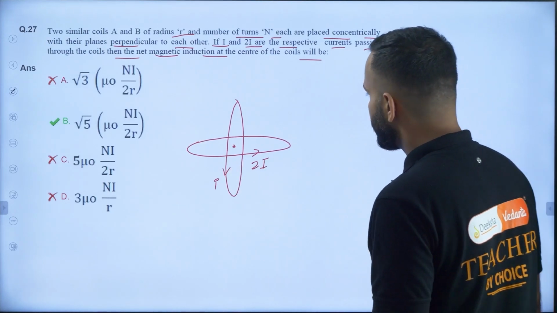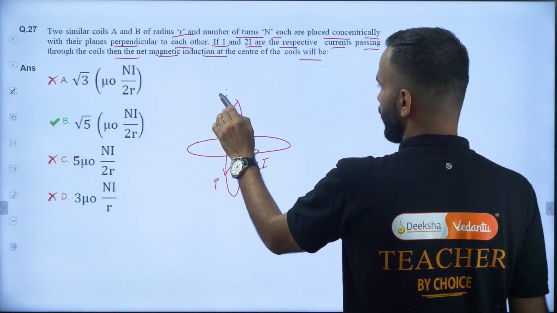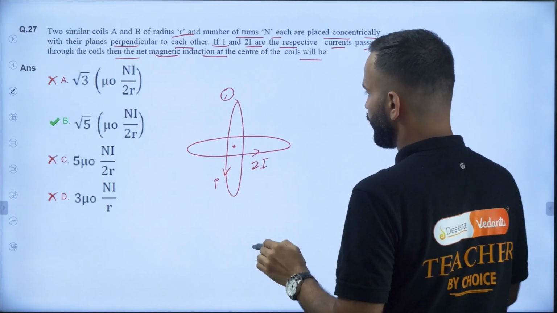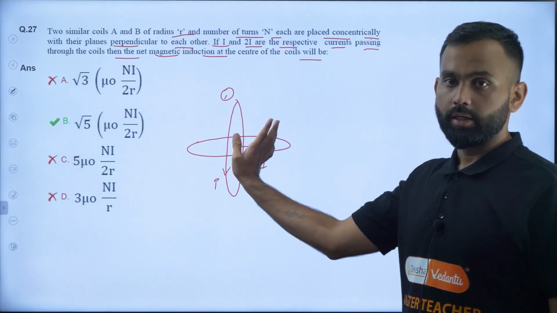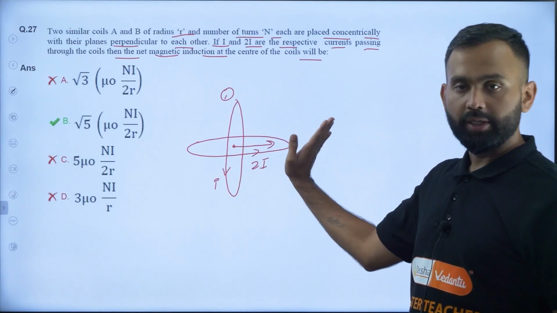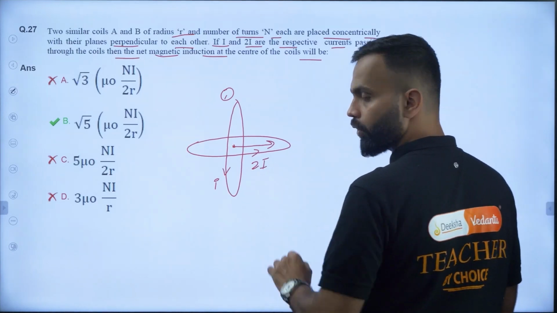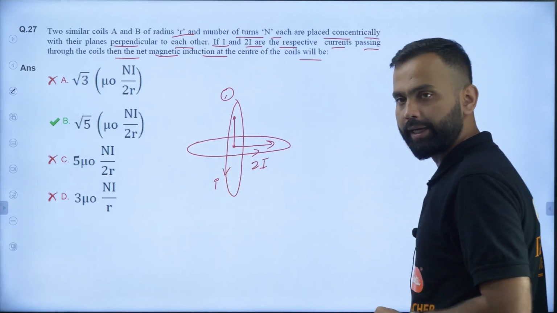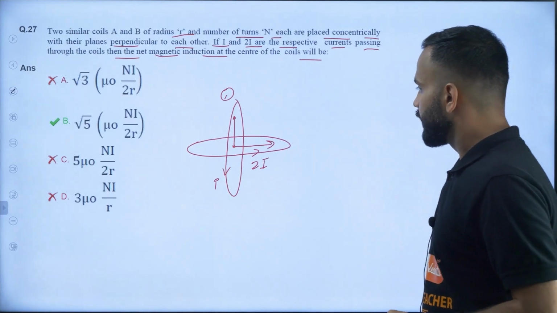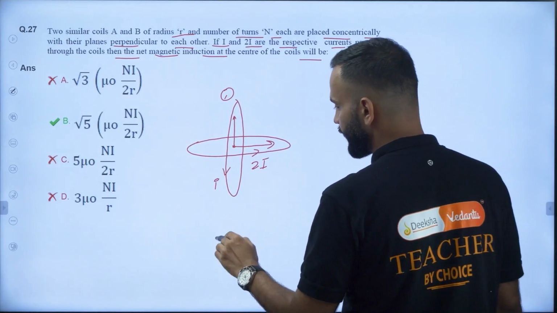Right. So now here, due to the first coil, the magnetic field at the center will be towards right. Due to the second coil, the magnetic field at the center will be in upward direction, right? So what is the magnetic field due to the n number of coil at its center?